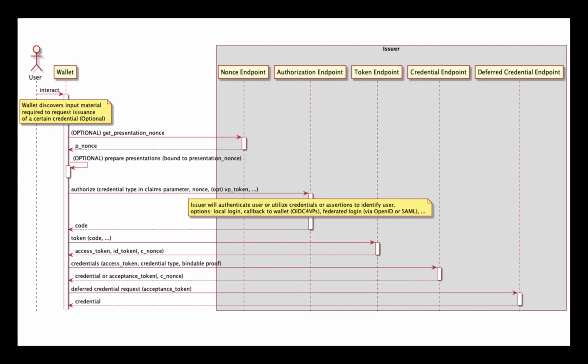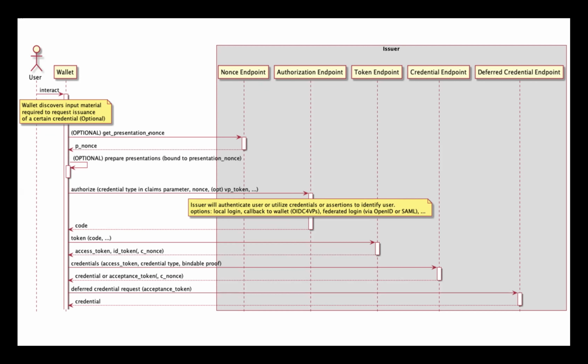If the issuer requires the wallet to present credential presentations already in the authorization request, we need to make sure that those presentations cannot be replayed. And in order to prevent replay, the wallet first of all obtains a server-generated nonce.